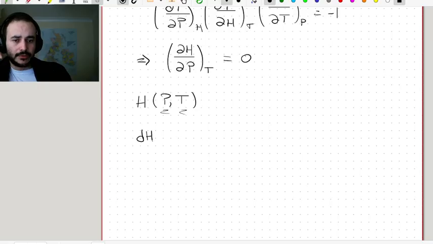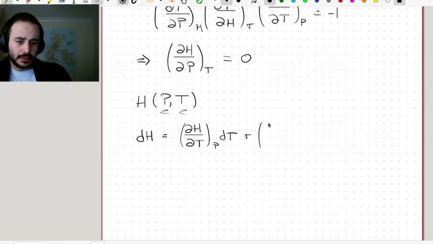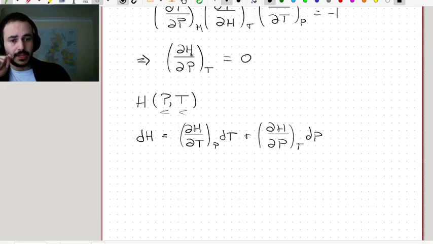And if we were to express the differential of the enthalpy in these variables by the chain rule, this is going to be this plus the partial of H with respect to P at constant T, differential of P. And Joule established experimentally that this derivative is zero.